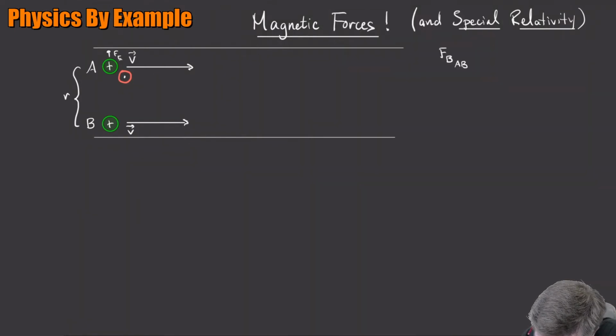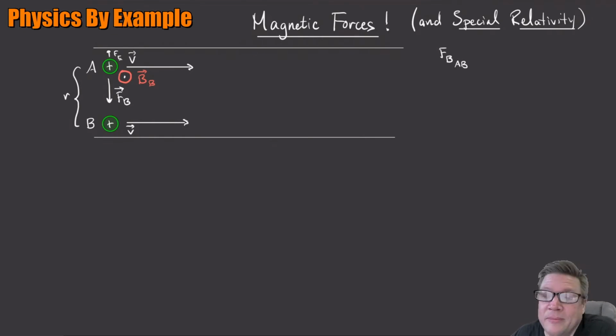Here's our magnetic field, B, of particle B, at the position of A. That magnetic field is coming out of the board, and so that's the magnetic field that A is traveling through, according to us. And what's the force then? Well, if you do your right-hand rule, force is qv cross B. What you find out is the magnetic force is that way.